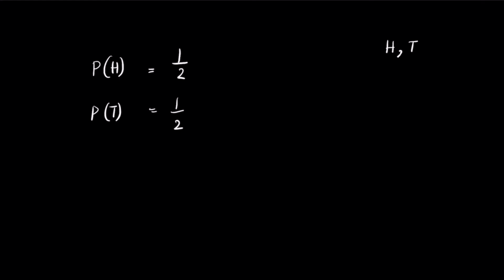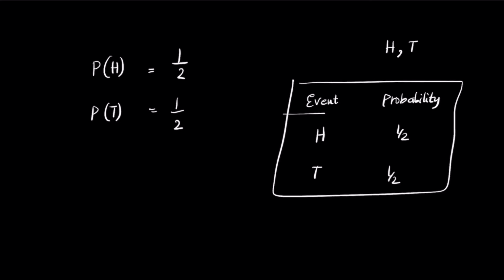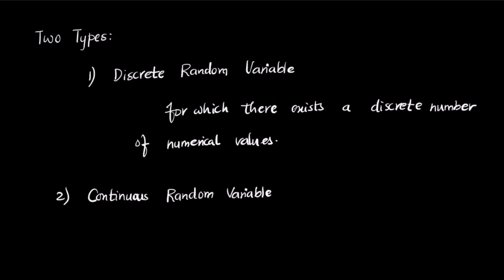So if I name this as event and probability, event is head 1 by 2, event is tail 1 by 2, and write it as a table. The function that represents this table is a discrete random variable because there is a limit to the number of events that are possible in this random variable. So that's why we call this a discrete random variable.